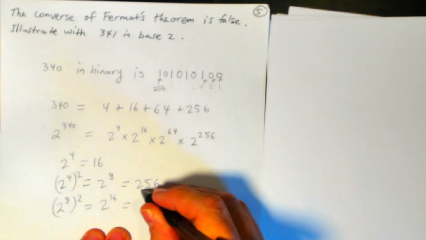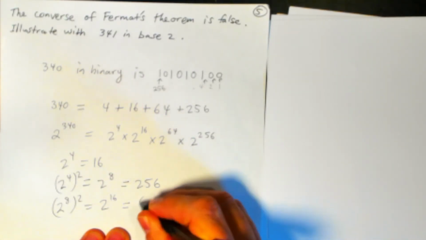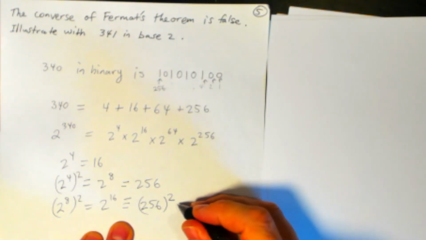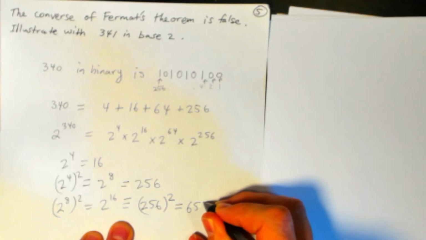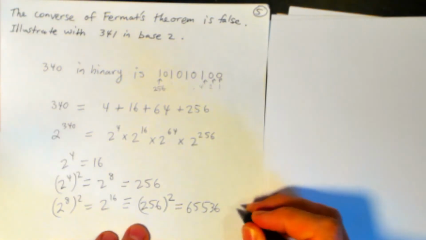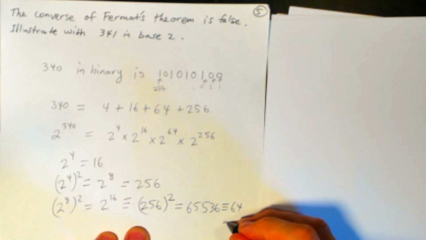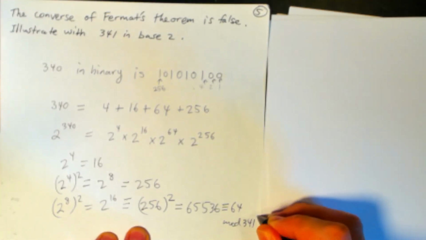So this is 256 squared, but here we should put congruent. Now when we multiply this out, we get 65536. So this is congruent to 64 mod 341.